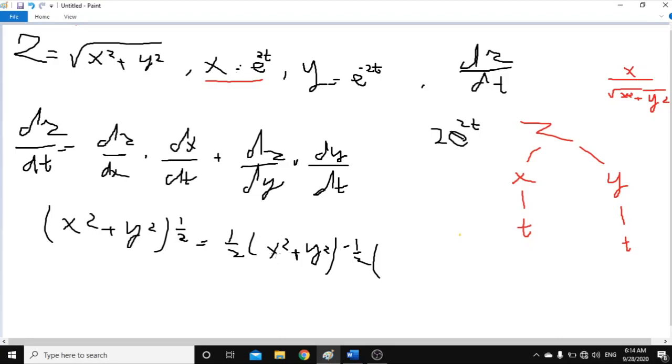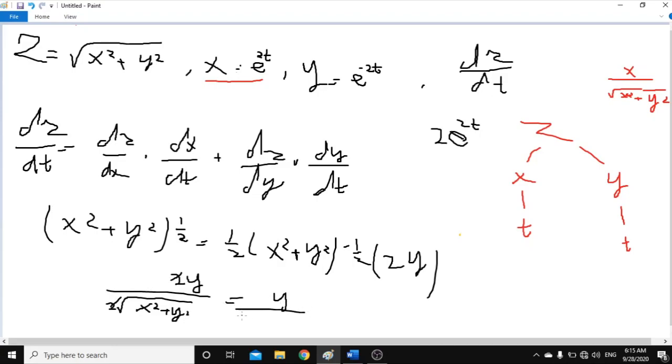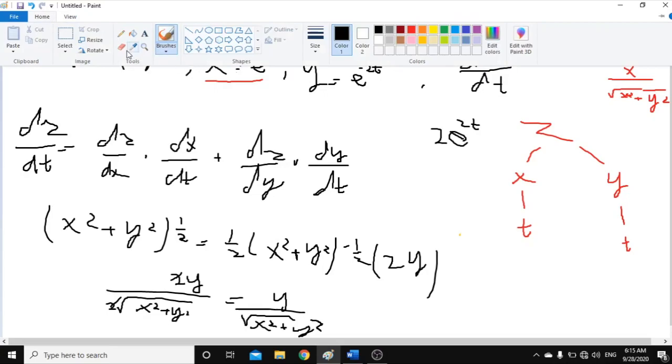So x squared with respect to y is 0, and what's left here is 2y. We flip negative 1 over 2 to the bottom, and the 1 over 2 is also the 2 in the bottom, so what's left at the top is 2y. We get 2y over 2 times the square root of x squared plus y squared. We can cancel the 2's, so what's left here is y over the square root of x squared plus y squared. Yeah, and this is the final answer.